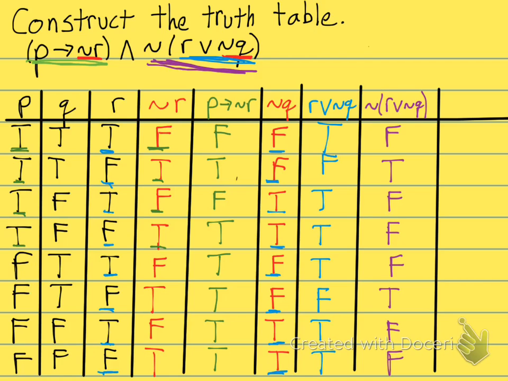Now finally, after going through those 1, 2, 3, 4, 5 operations, we can now finally do the whole thing. What we're going to look at is the P implies negation R column, this one right here, and our last column, the purple column. And we're going to go through row by row, joining those together with an AND statement.